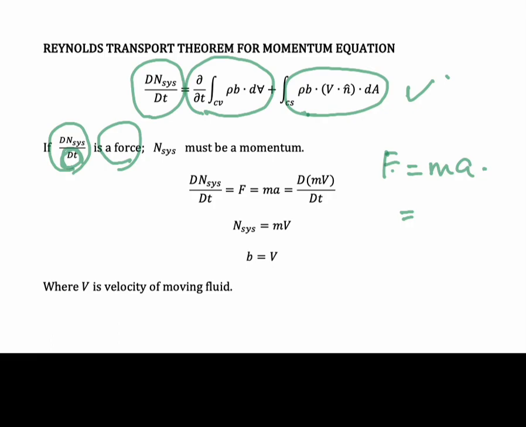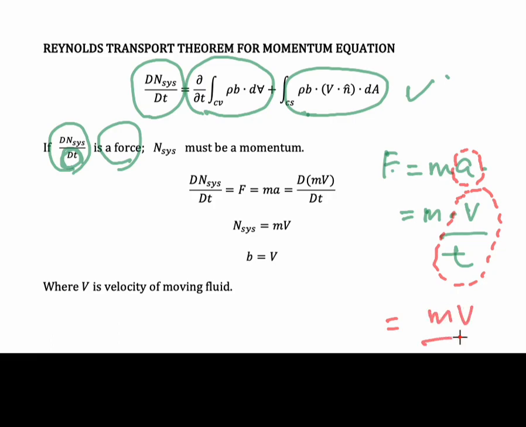And then we want to split it, because we have a dt here. So we split it into m times velocity divided by t, because velocity over t is actually the acceleration here. And then we could say that it is equal to mv over t. Now the N system here is m and v.